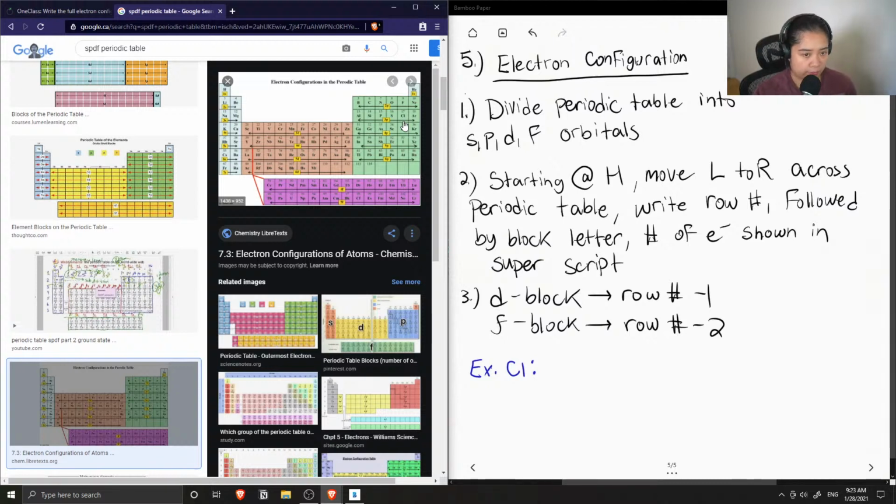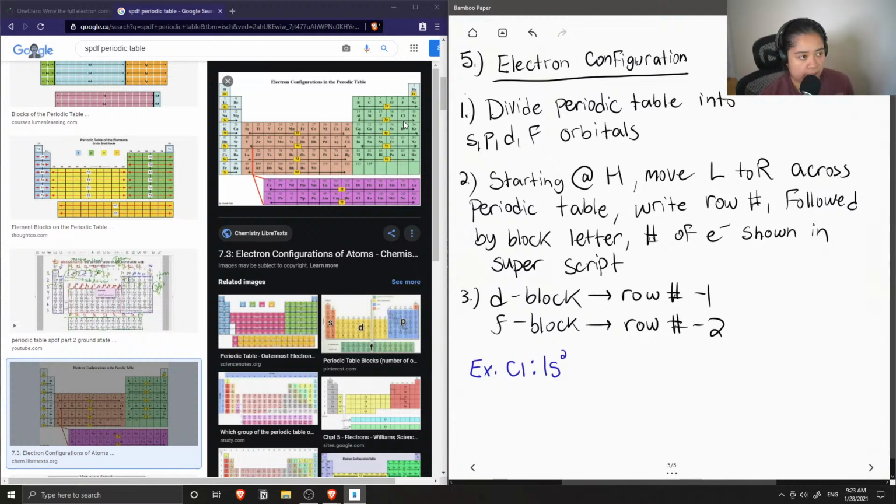And then starting from hydrogen, we're going to move left to right across the periodic table, writing the row number, which is 1, followed by the block letter, which is S, and then the number of electrons that are in the 1s orbital. So in this case, s orbitals can hold 2 electrons, and this shows the electron configuration of helium now. And then let's go to the next row.